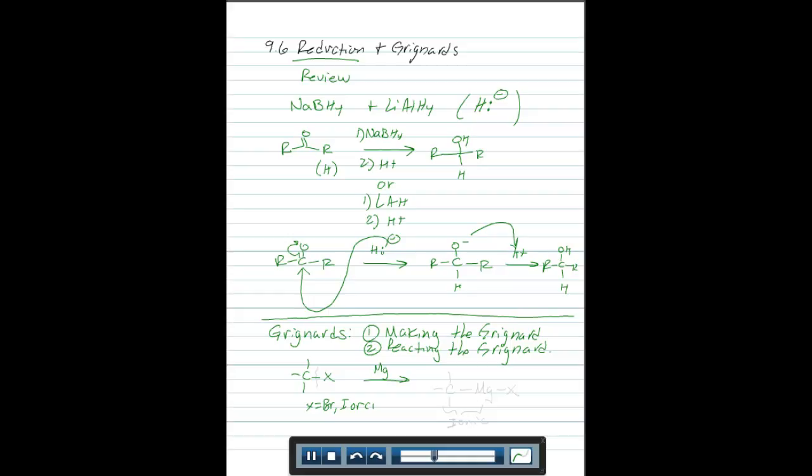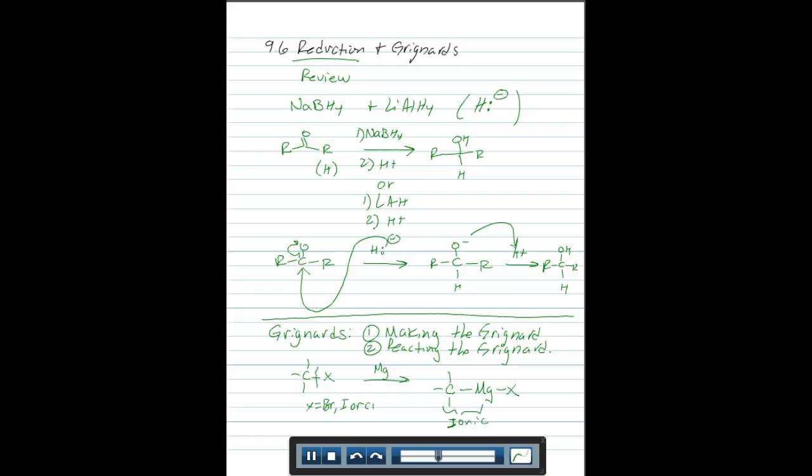It's easy to use. What happens is the magnesium inserts itself in between the carbon and the halogen, and you form a carbon-magnesium bond. The X is also attached. So magnesium is in between the carbon and the halogen. Now you have a carbon that's attached to a metal. So what kind of bond is that? That's an ionic bond.